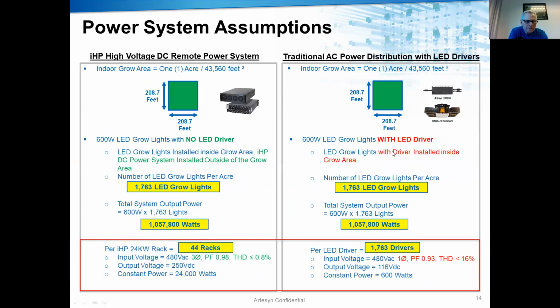Okay. With the drivers, we have this many lights, 1,763. That power, 1 million. Now, you basically need one driver for every light. Okay, so you have 1,763 600-watt drivers that you're going to need.